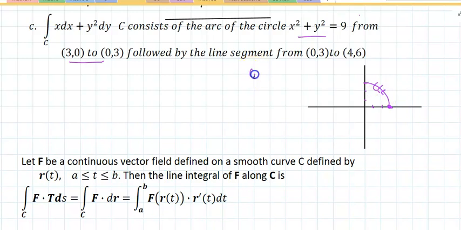We know what that is. C1, we're going to say on C1, let r equal 3 cosine of t, 3 sine of t. And if I have t vary between 0 and pi over 2, I got it. And a line segment from 0, 3 to 4.